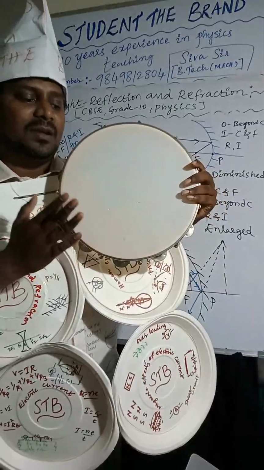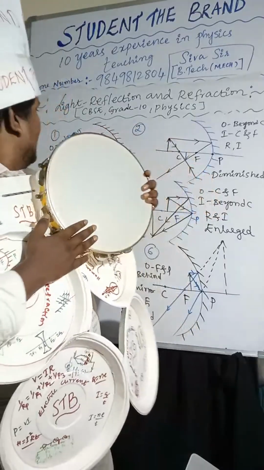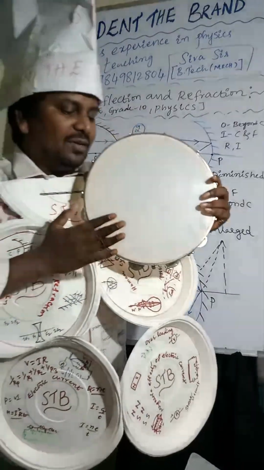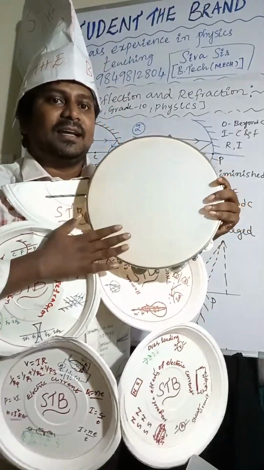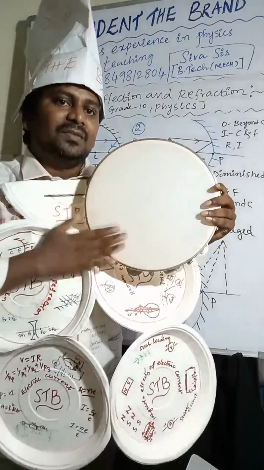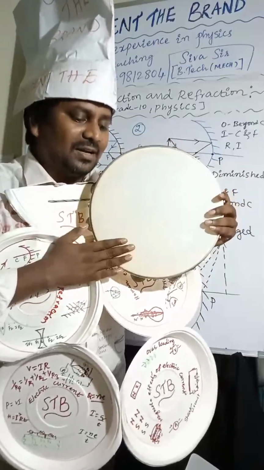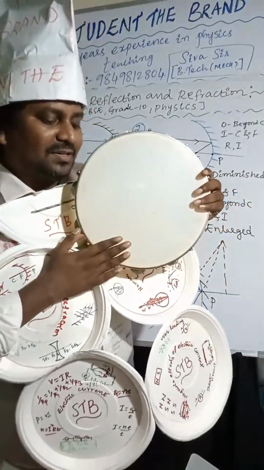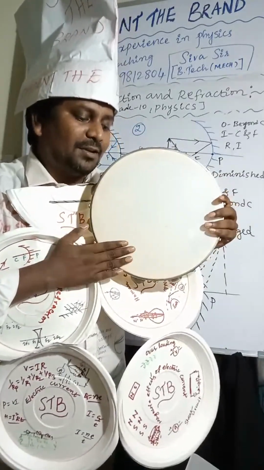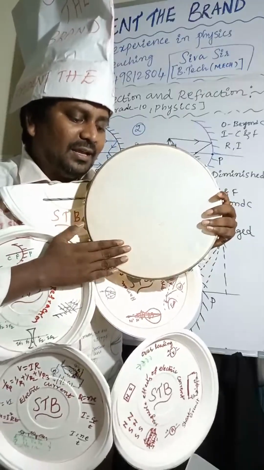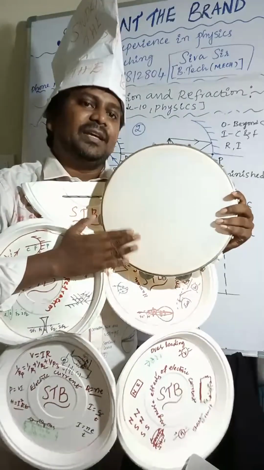Myopia, myopia, myopia. For that correction we are using. Bro, what bro? For that correction we are using concave lens, concave lens, concave lens, concave lens. Myopia, myopia, myopia, myopia, myopia, myopia. Near distance we can see ya, far distance we can see ya.